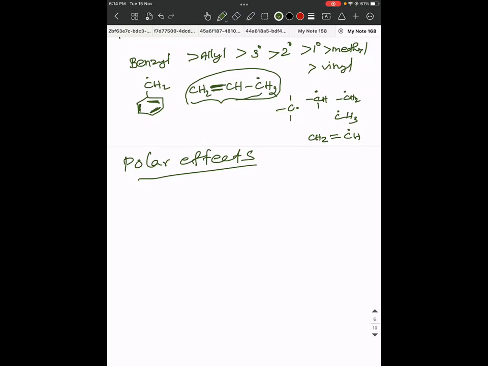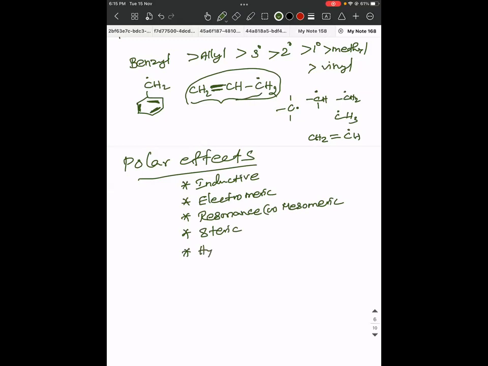So the organic properties of the molecule can be affected by these five effects: inductive effect, electromeric effect, resonance or mesomeric effect, steric effect, and then hyperconjugation.